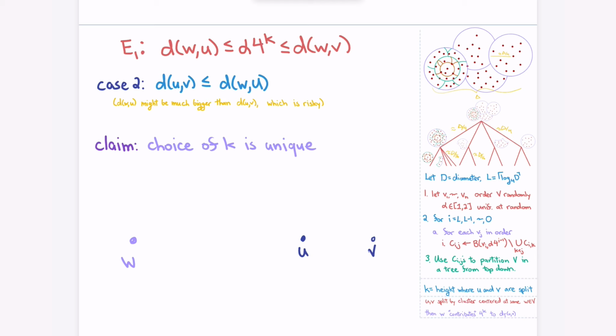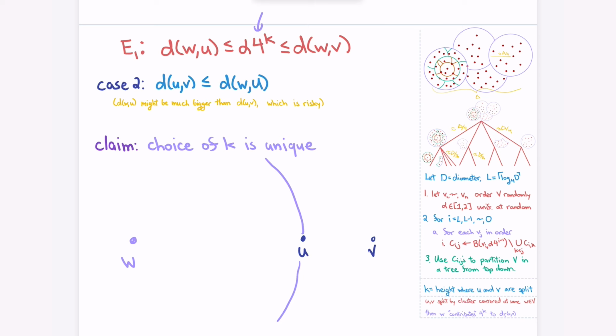So the first thing to point out is that because this thing is growing in factors of 4, the choice of K is unique. Okay? And part of what's going on is, what's the best way to do this? Okay, I'll only do a picture proof.